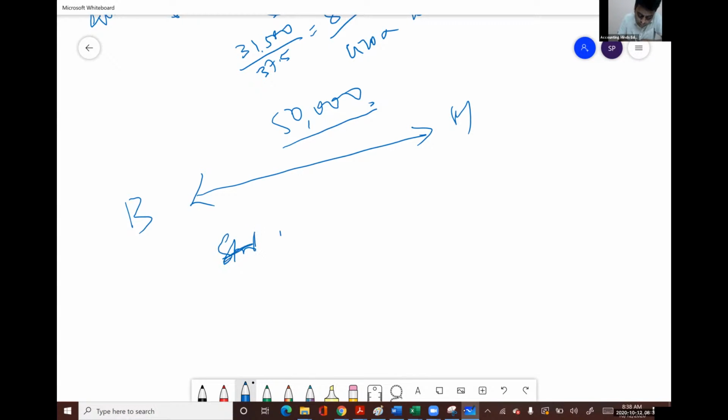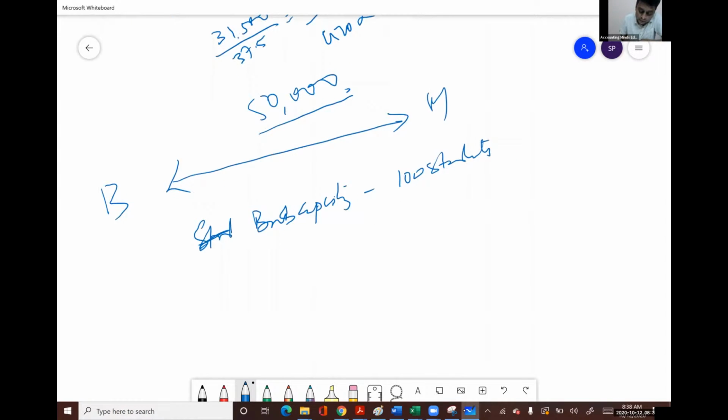Students, bus capacity is 100 students. This is both ways, it goes both ways.